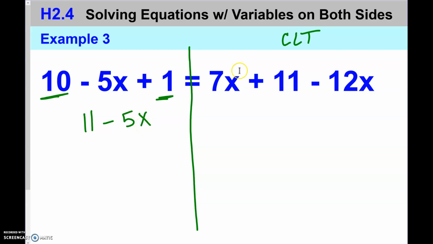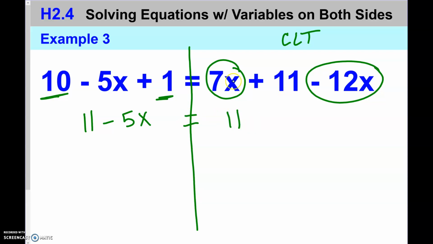All right, over here we have 7x and a negative 12x. Those are also like terms. So I'm going to leave this 11, my equal sign, I'm going to leave my 11, and 7 minus 12 is going to be a negative 5x.